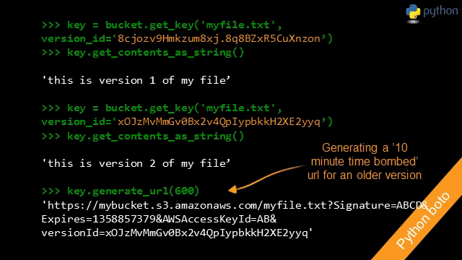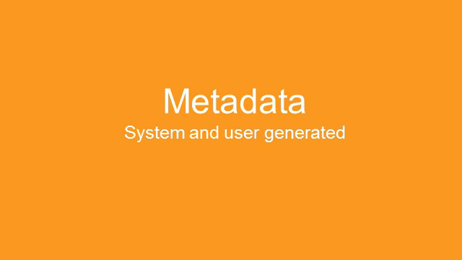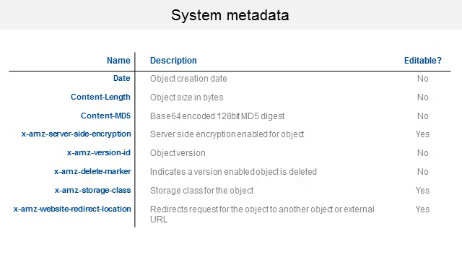Okay, let's move on now and talk about metadata. In common with most object storage systems, it's mandatory to store system-generated metadata with an object, but it's also possible to store user-generated metadata with that object. This means that you can add supplementary metadata to an object either at the point of creation or later on in its lifetime.